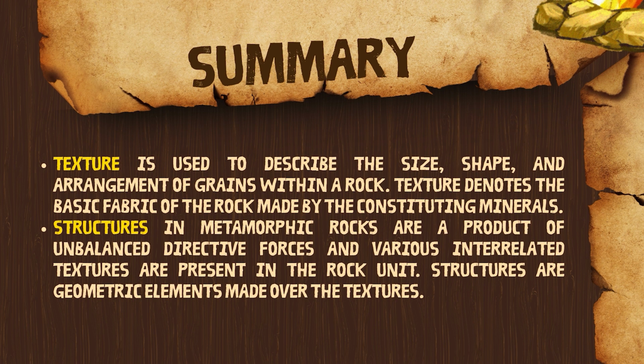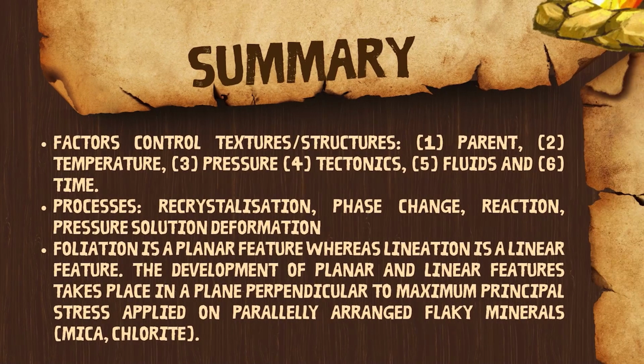Structures are geometric elements made over the textures. Factors that control texture or structure: number 1, parent rock; number 2, temperature; number 3, pressure; number 4, tectonics; number 5, fluids; and number 6, time or duration.